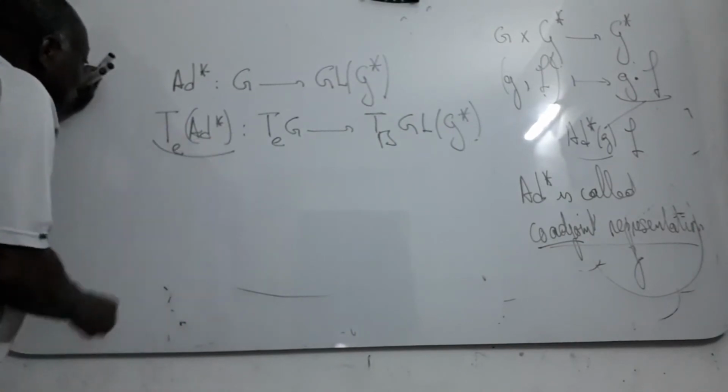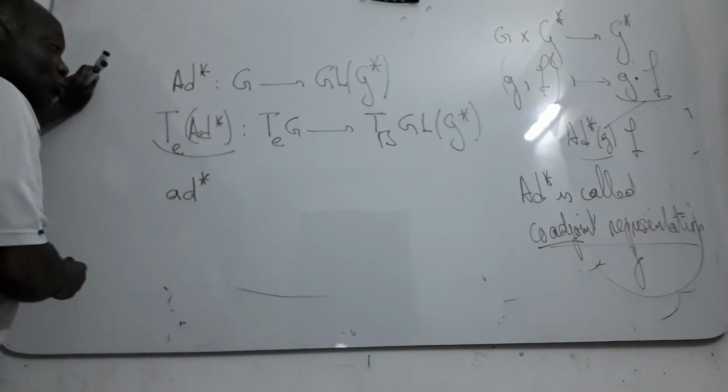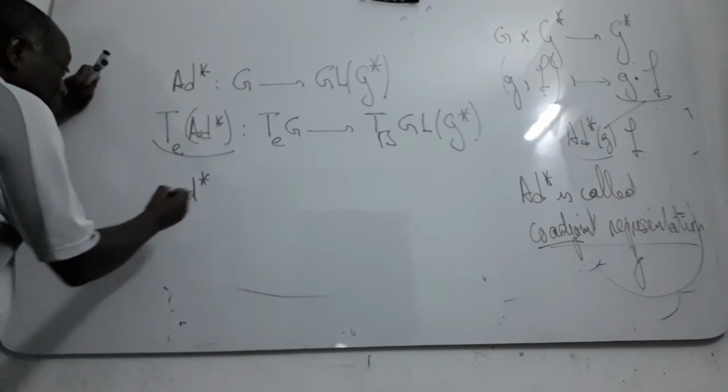Here is what we will call the co-adjoint representation, and here is the adjoint representation of the algebra.